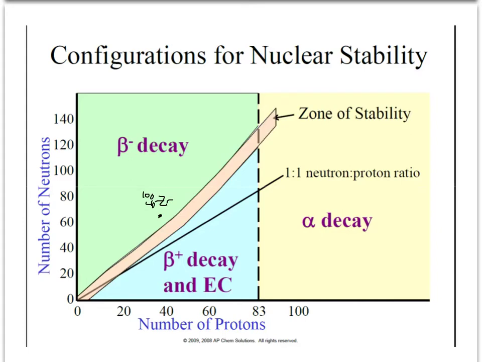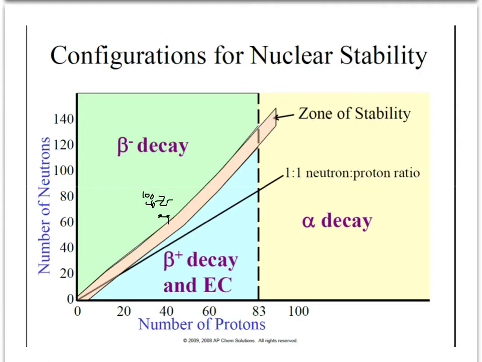And so if it does that, you can see that it's unstable because it's no longer in that zone of stability, and it's unstable because it has too many nucleons, so too many neutrons. And if we've got too many neutrons, well, we got to get rid of some. And what better way to do that than with a beta decay? So remember, a beta decay is a neutron losing its negative charge and turning into a proton. So if we do that, it will shift the element over and drop it down.